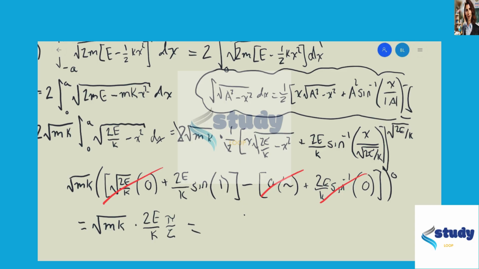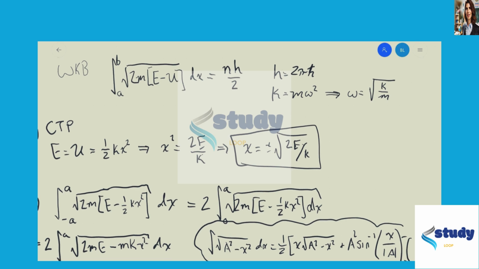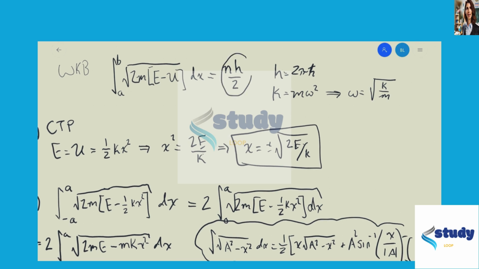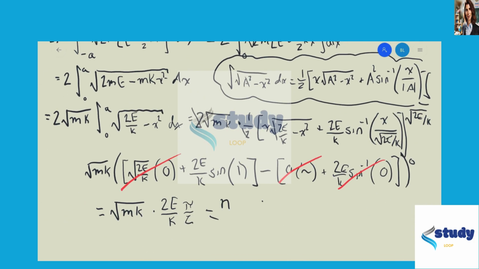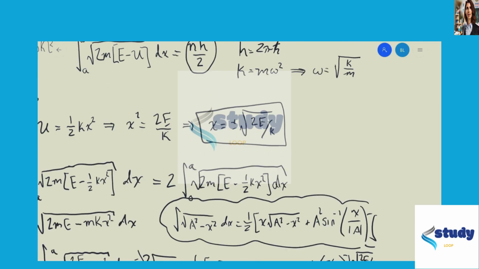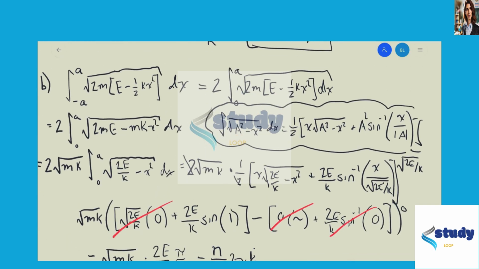And this quantity is equal to, from the very beginning of the problem, nh divided by 2. So nh divided by 2, and instead of h, we're going to write 2 pi h bar. And that was one of our relations that we used before, 2 pi h bar.